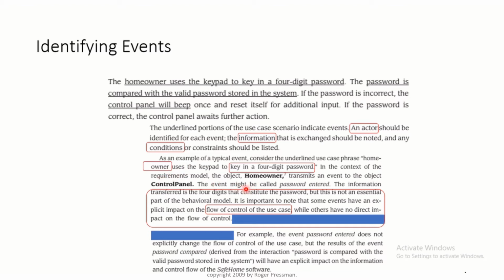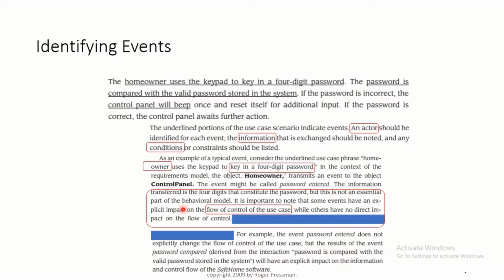The event might be called password entered in this scenario. And you can further see that the information that he entered the 4-digit password helps the password to be processed, but it is not an essential part of the behavioral model.